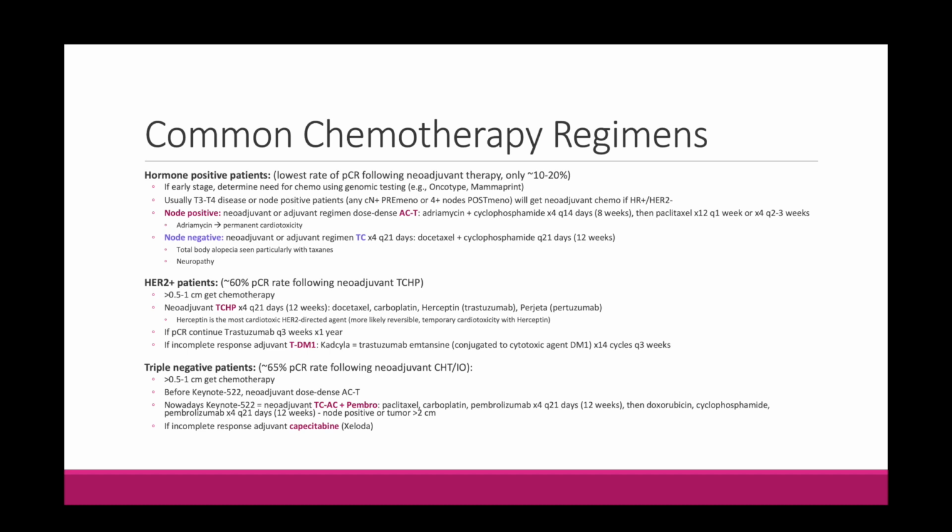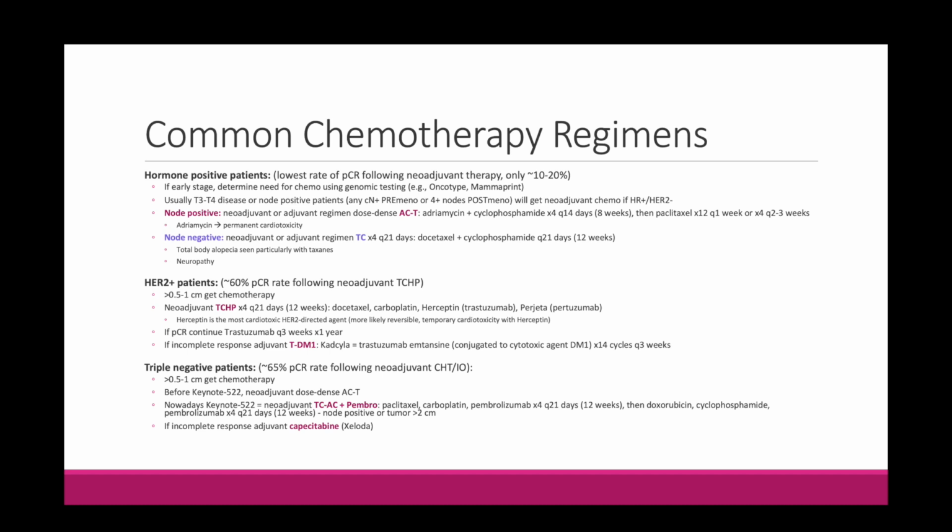HER2 positive patients also have a pretty good response, maybe not as good as triple negative, but still around a 60% PCR rate. It's really the hormone positive HER2 negative patients that have the worst rate of PCR following neoadjuvant therapy, only 10 to 20%.